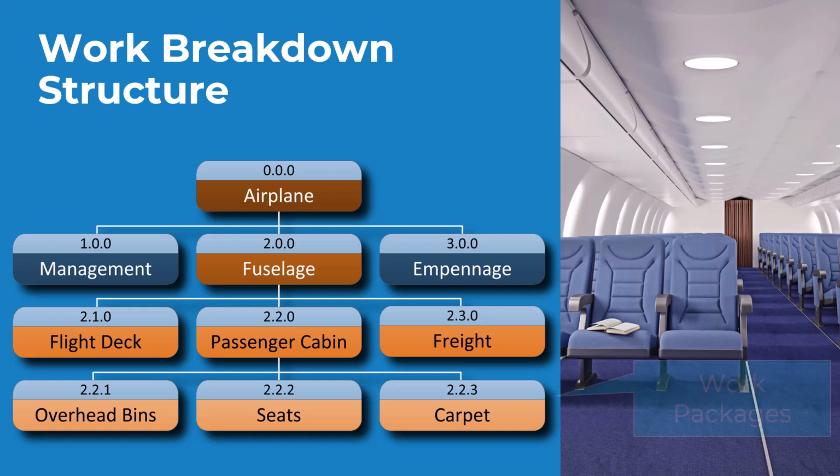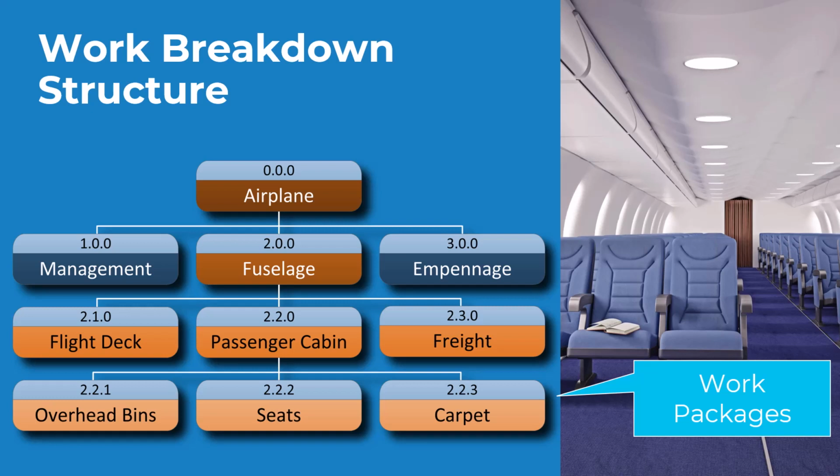And these three here at the lowest level are called work packages. It's not until you get to a point where you can reasonably go and tell someone, for instance, please work on the overhead bins, that you have finally broken the project down well enough to say that I'm done with decomposing my project.